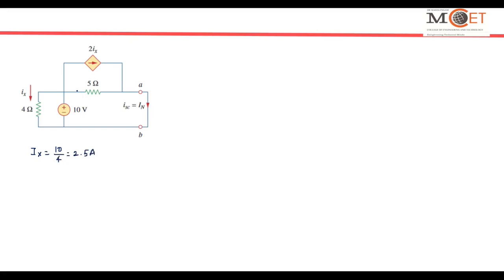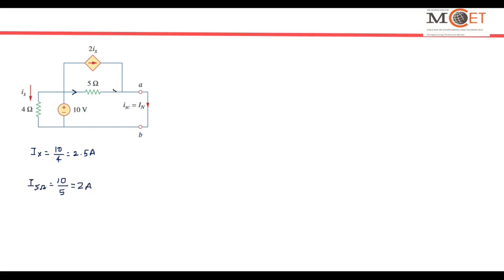Similarly, the currents at this point and this point are both equal because it is a complete short. This 5 ohm is also in parallel with the 10 volt source, so the current through this 5 ohm resistor is 10 by 5, which is equal to 2 amps.